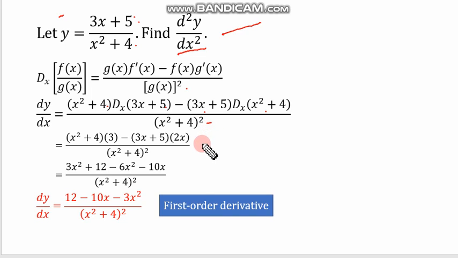Okay, so we will solve: x squared plus 4, derivative of 3x plus 5 is 3, minus the 3x plus 5 times the derivative of x squared plus 4, that's 2x, all over x squared plus 4, quantity squared.